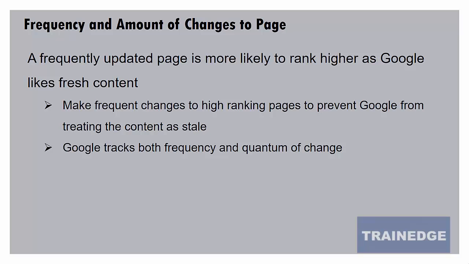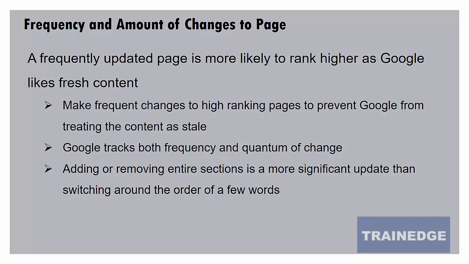So, for example, if you add or remove an entire section, it is considered a significant change. If you just change one or two sentences or drop a few words in there, add an image, it's considered a minor change. You cannot be making major changes all the time. So if you make major changes once in a while, but you keep making minor adjustments to the page to keep it fresh, it's a signal to Google that your content is fresh and will keep ranking higher.